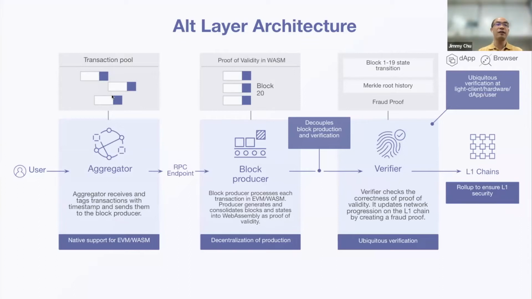When the user submits the transactions there, they cannot determine the sequence. The sequence is actually determined by the aggregator here. And finally, with the sequence determined, they are sent over to the block producers. So the users are interacting with the aggregators there.